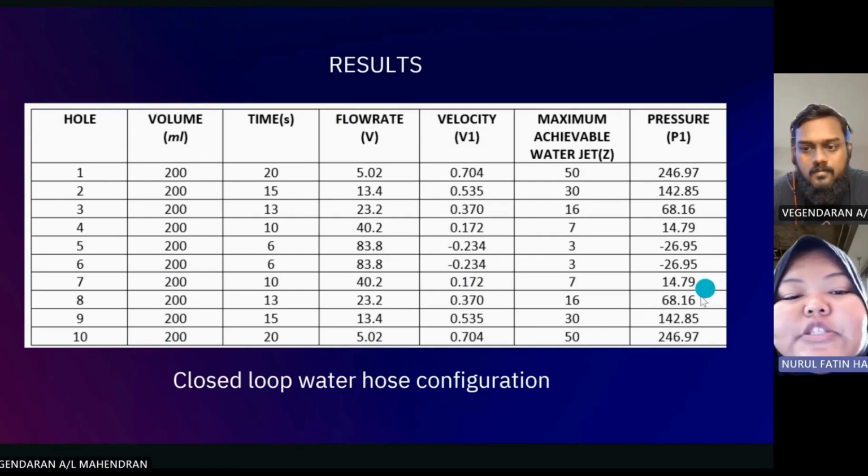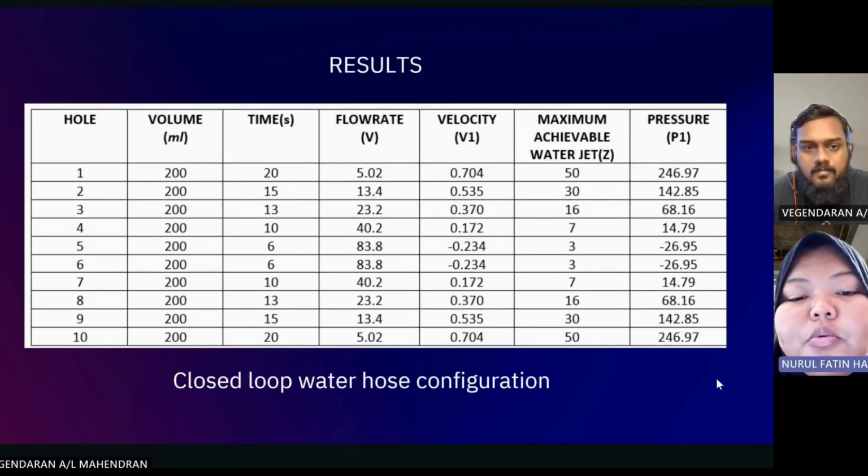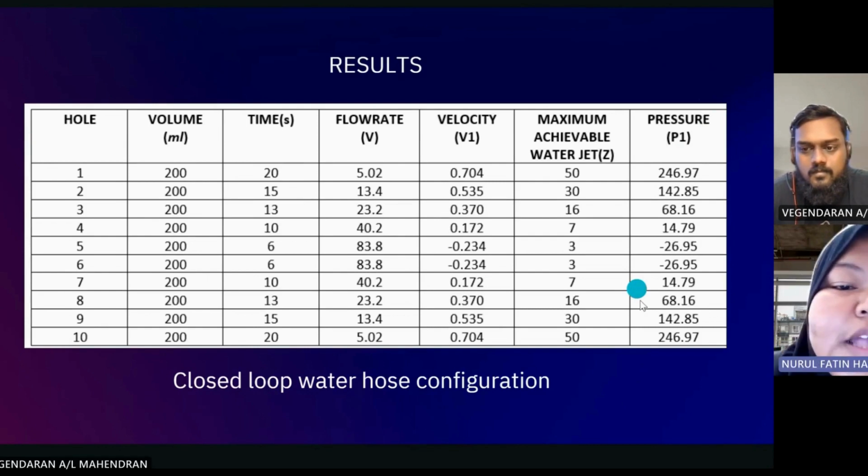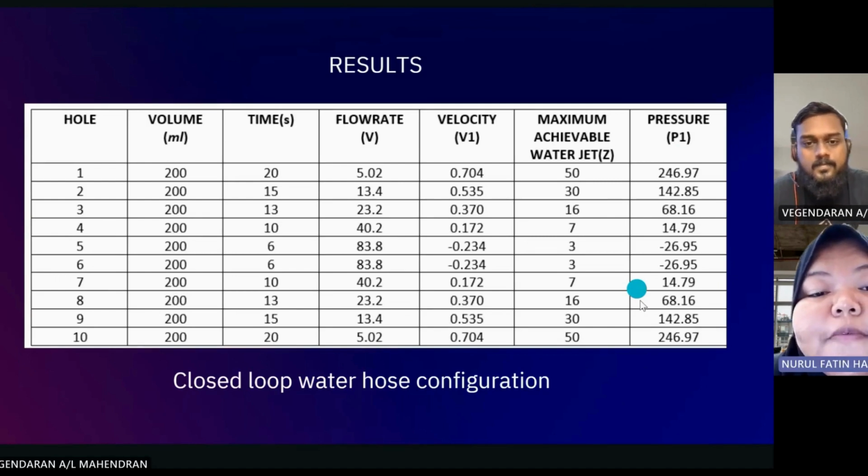The next is the result for the closed loop water hole configuration. From hole one, the time we get is 20 seconds. Hole 2, we got 50 seconds. Hole 3, we got 13 seconds.